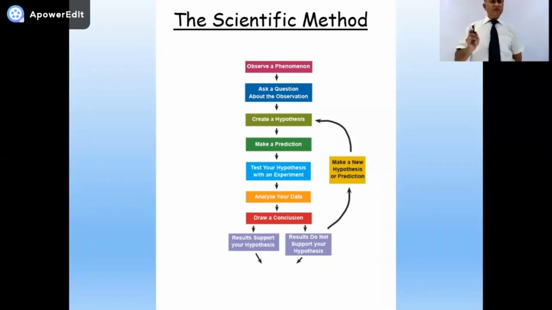If the test is okay, the hypothesis gives a theory, and the theory, if it is correct after experimentation, will convert into a law. If it's not, then you will have to do it again and again and again. So this is all about hypothesis.